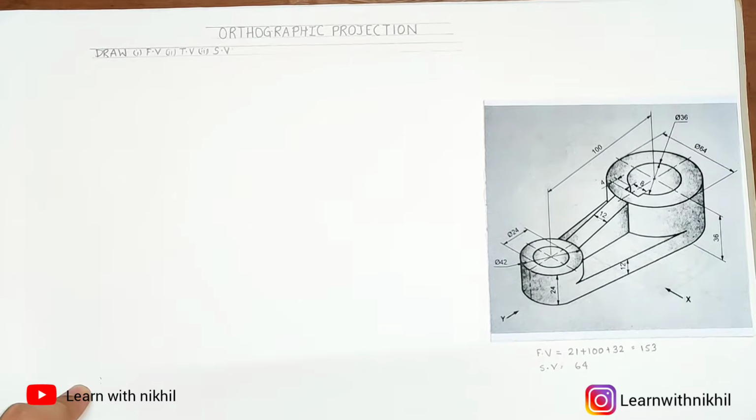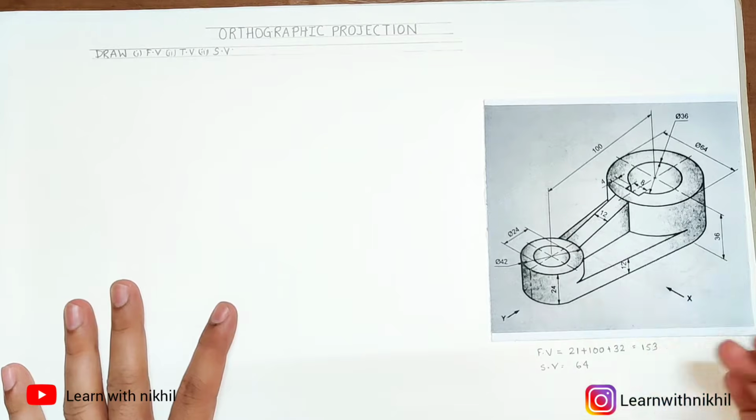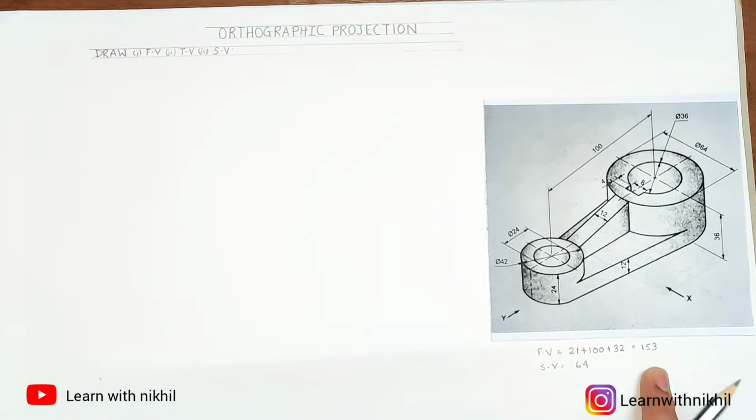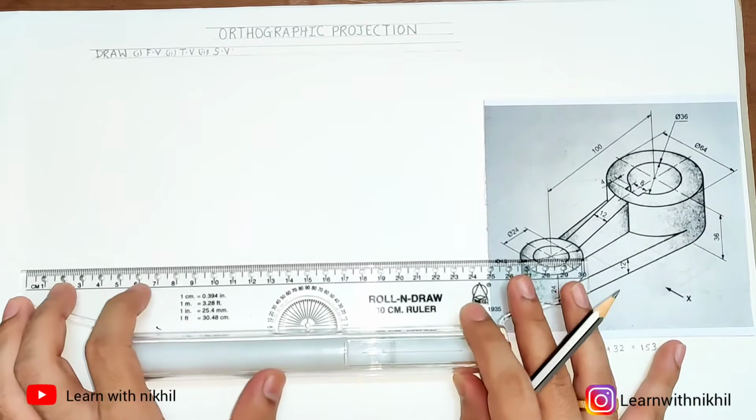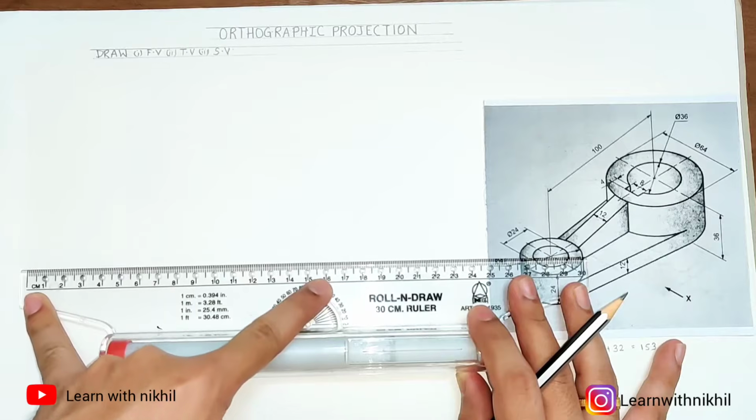Now drawing the axis, as we have known the dimensions, as you know, for the front view it is 153 millimeters, that is the bigger distance. So according to that dimension, we will leave or draw the axis accordingly.